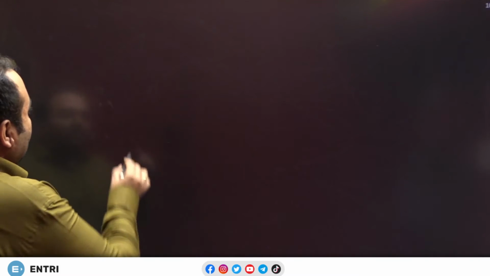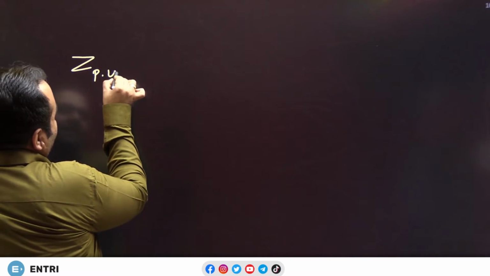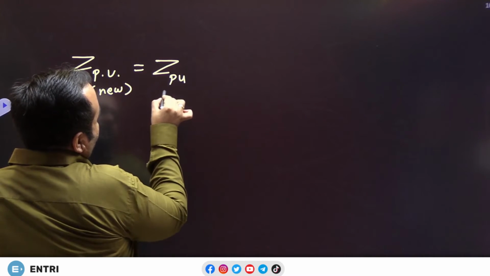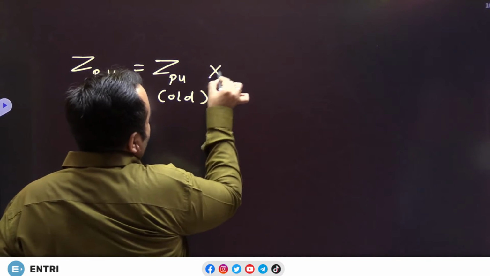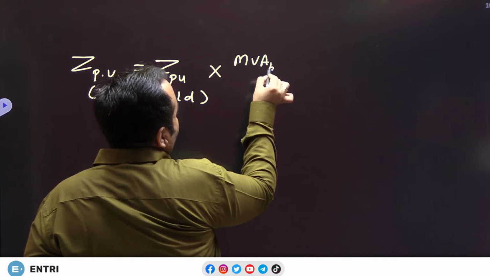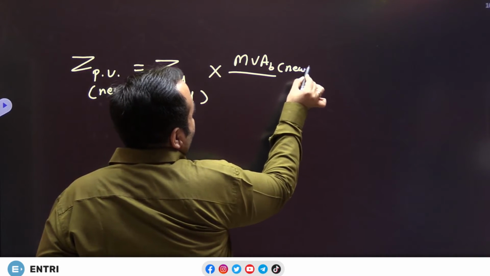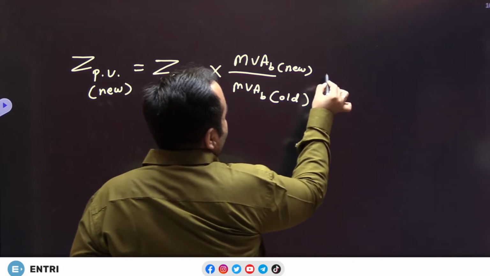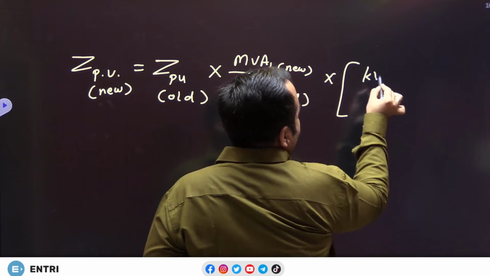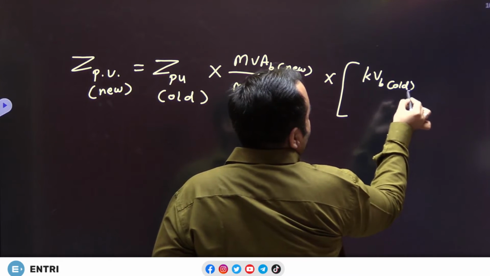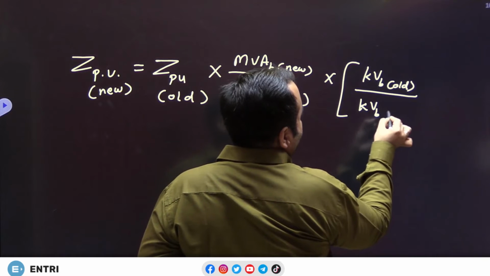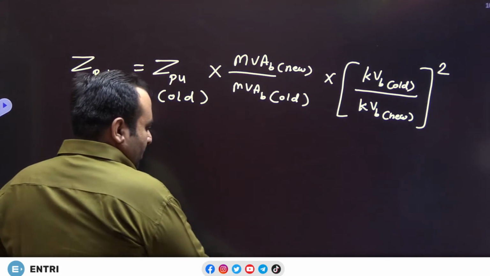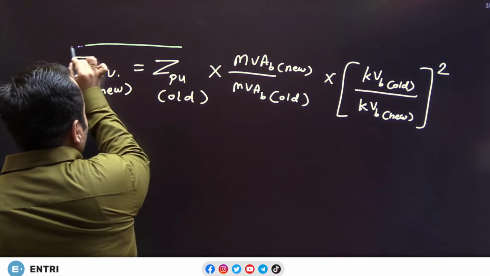So, just recollect from the previous slide, the new value will be old value, new, old, whole square. Just put it in a box and now you tell me what we shall do.